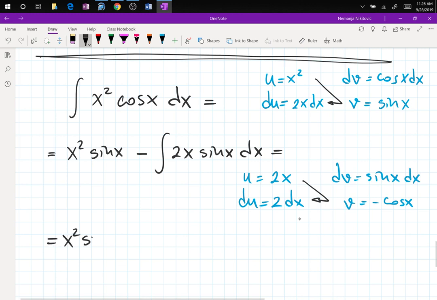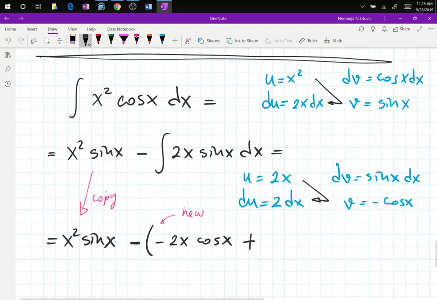x squared sine x. That piece you have to copy. Copy that one. Minus, open parenthesis, and this is where the new one is, right? So that's the new one. We go negative 2x cosine x.